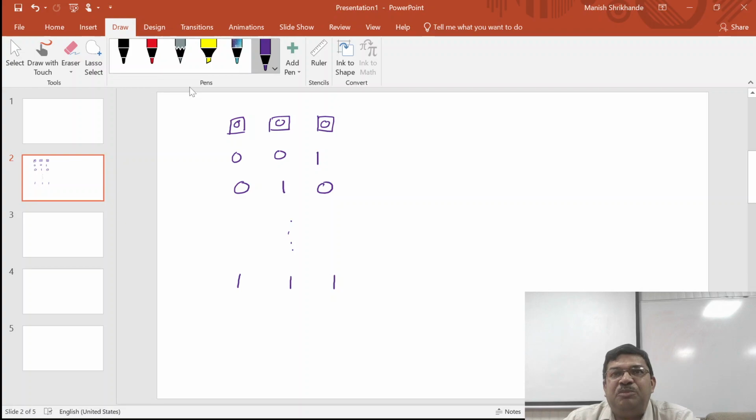If you increment one more, what happens? 1 goes here, you have 0, 0, 0. This is called the carry bit, and that is lost. There is no storage to hold that carry bit. So eventually this is interpreted as 0, 0, 0.